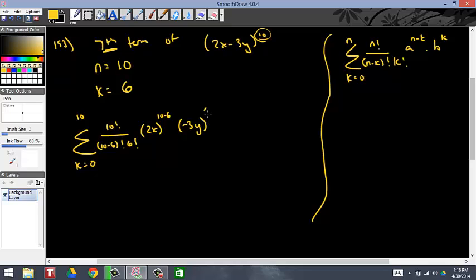K in this case being 6. Guys, remember to keep your terms in parentheses, otherwise you're going to end up with some messy answers. So let's take care of the coefficient first. This is 10, 9, 8, 7, 6, 5, 4, 3, 2, 1, all over 4, 3, 2, 1, and 6 all the way through 1. So Hannah, if you structured it like this, I'd be fine with that. Bam, those are gone. Bam, those are gone.